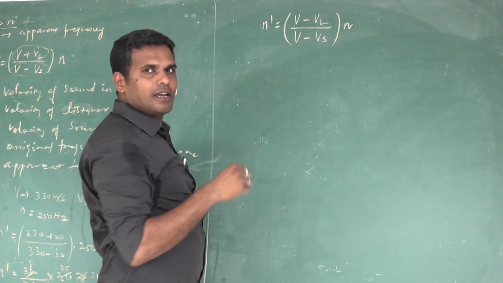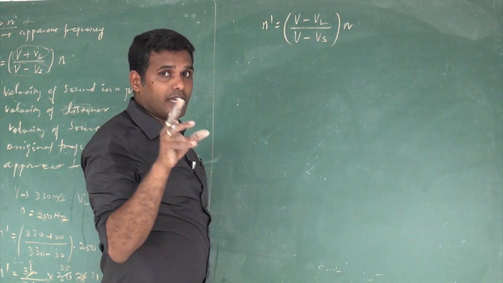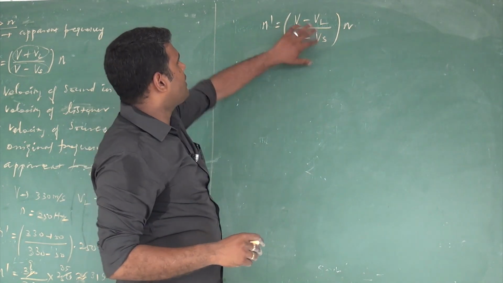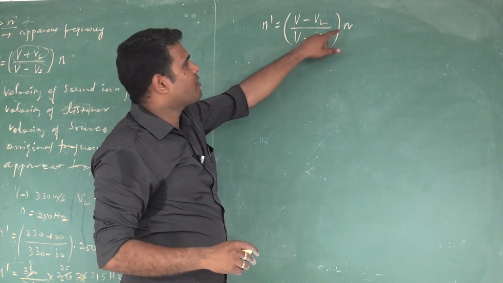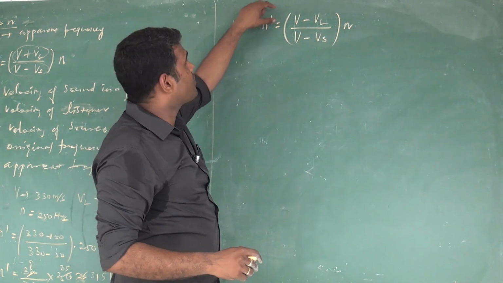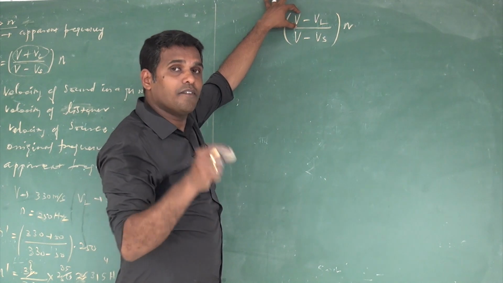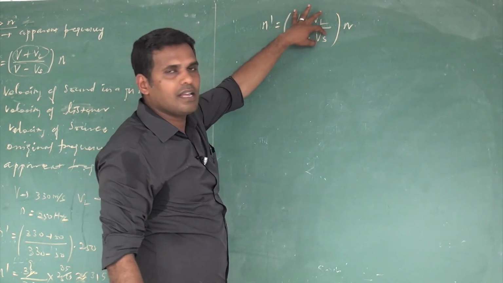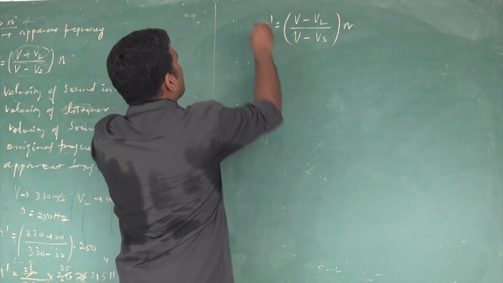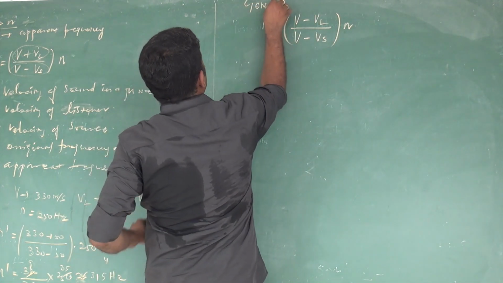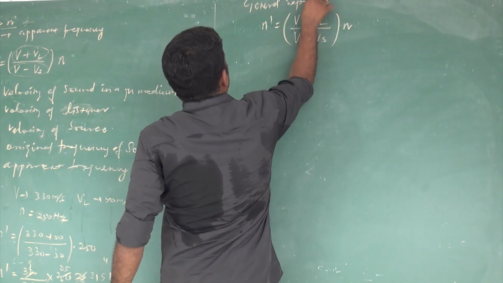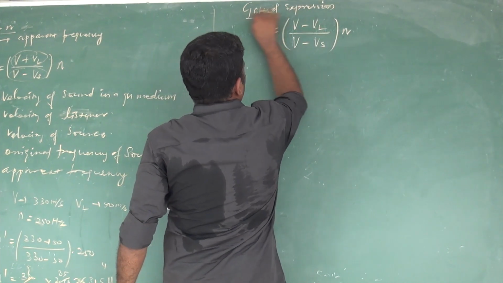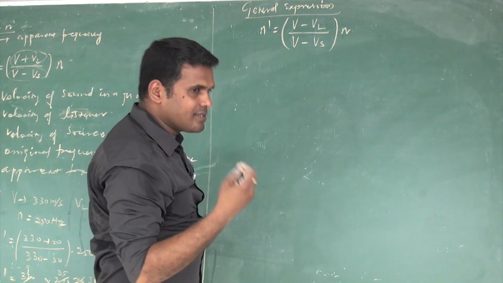As I have mentioned earlier, the velocity of the medium is taken to be 0, and n is the original frequency of the sound source, n prime is the apparent frequency, V is the velocity of sound in a given medium, VL is the velocity of the listener, Vs is the velocity of the source. This is the general expression with which we are going to bring out the results here.